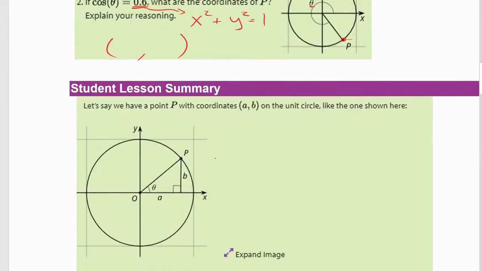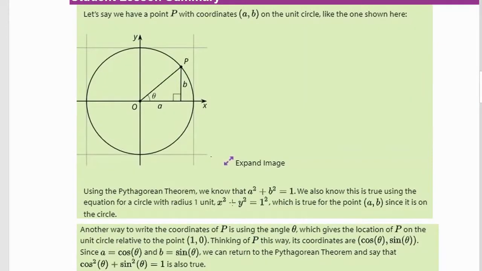All right. Okay. So again, we're talking about special right triangles that exist inside circles, and they help you find the location or the exact coordinates of a point that exists on a circle.